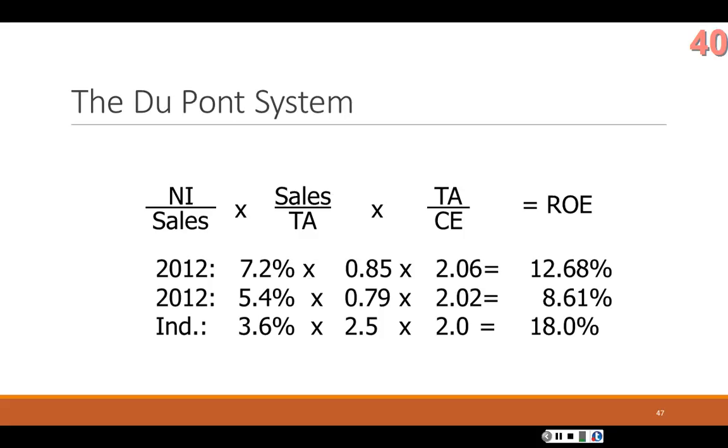So this should say 2011. So in 2012, ROE was 12.68%, and in 2011 it was 8.61%. So it did increase. Whenever we look at things via the DuPont system, we can see where these changes come from. The equity multiplier has been pretty much constant.